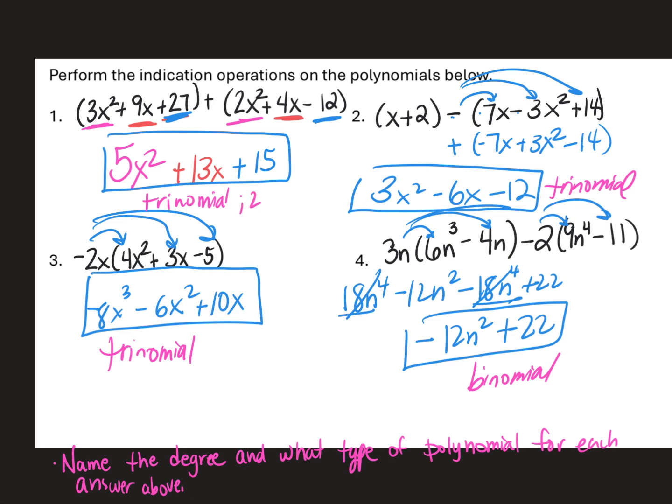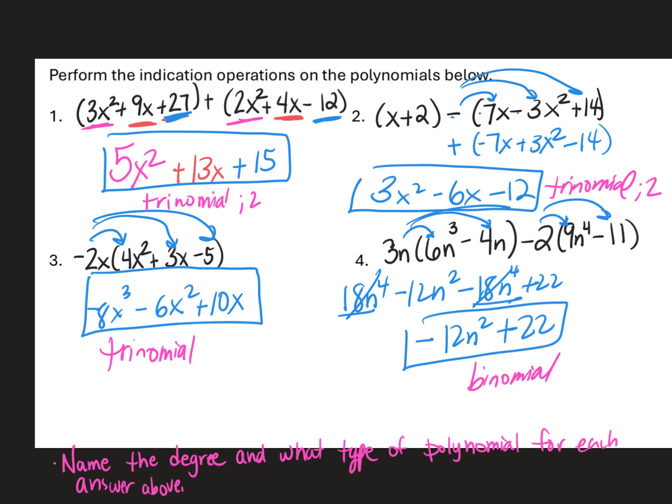Now for number 2, that is a trinomial also, and the degree of this term is 2, the degree of this term is 1, the degree of this one is 0 since there's not a variable, so 2 would be the degree for that one.